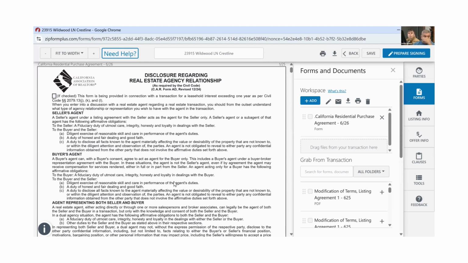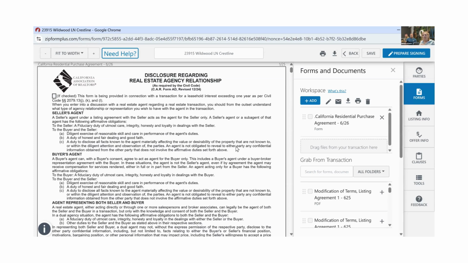Okay, so secondly, when they put these forms into zip forms, they put them in a user-friendly manner. What I mean by that is if you look at the, oh, George is here. If you look at the RPA, I just pulled up the RPA right from the forms library in zip forms.